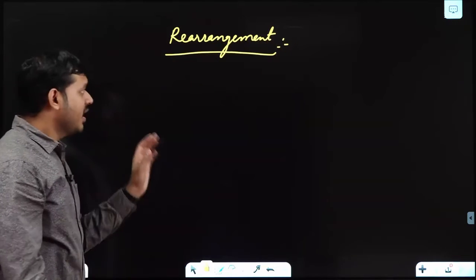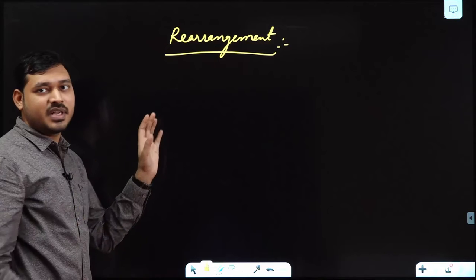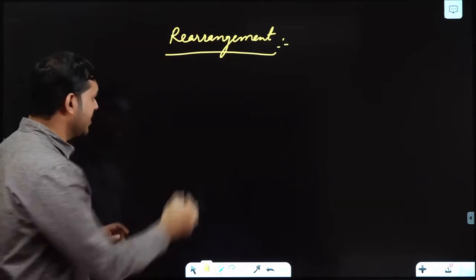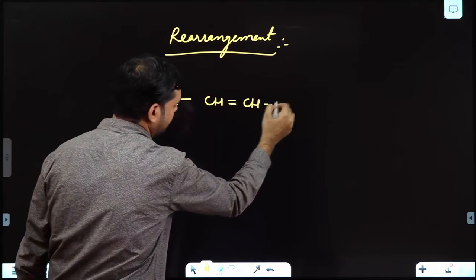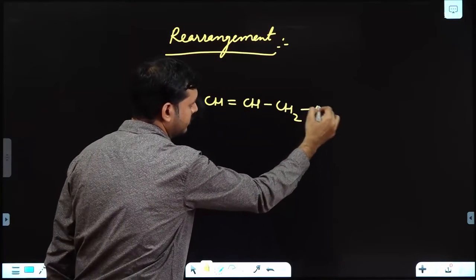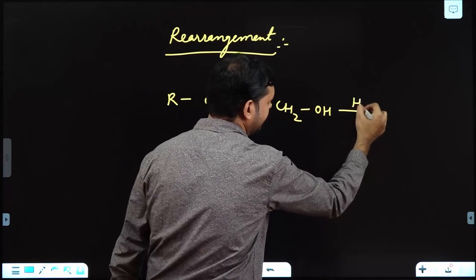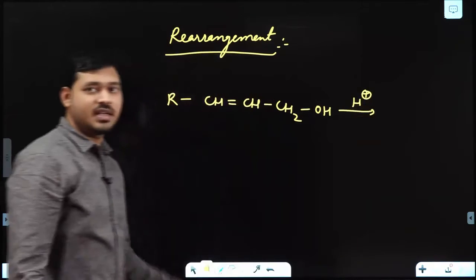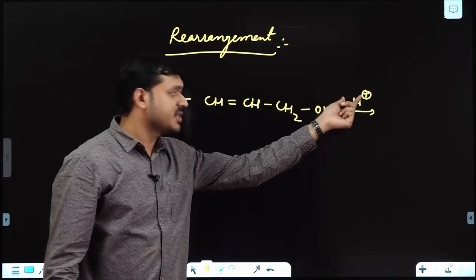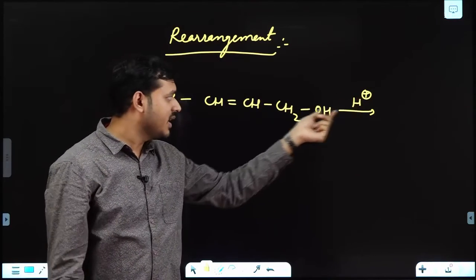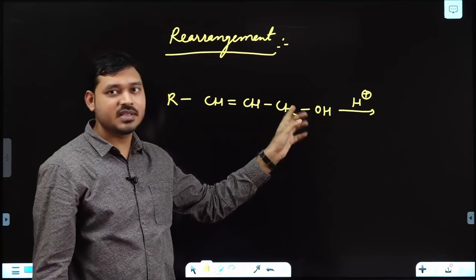Rearrangement. Now I am just giving you a simple example to understand what can be the rearrangement case. See, in this case what happens, this H plus is an electrophile and this OH having lone pair is a nucleophile.